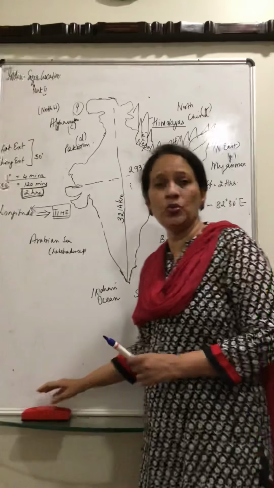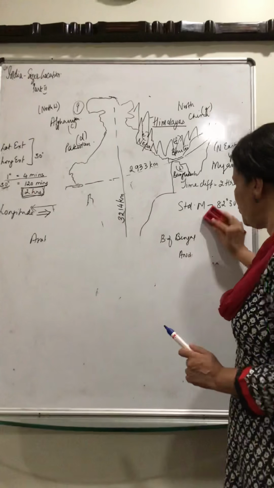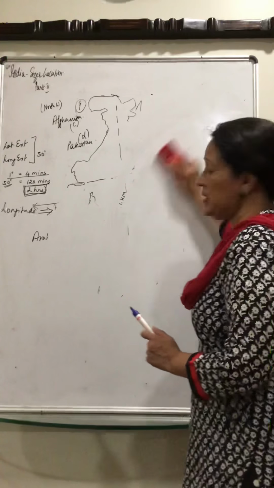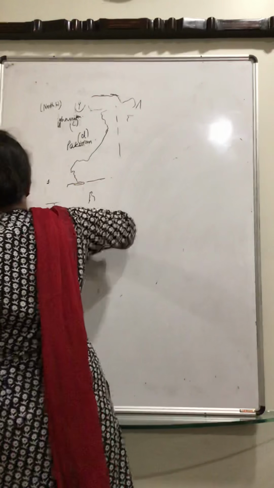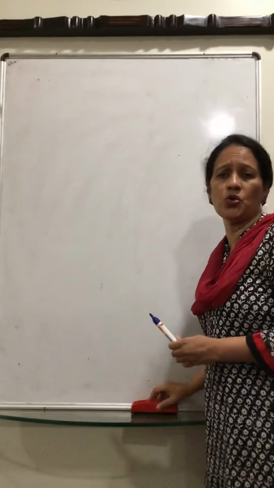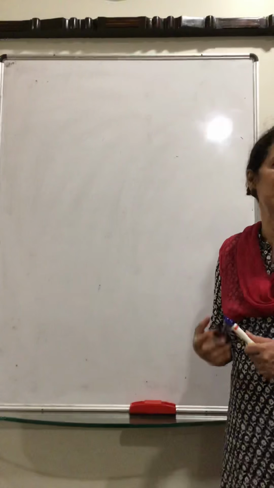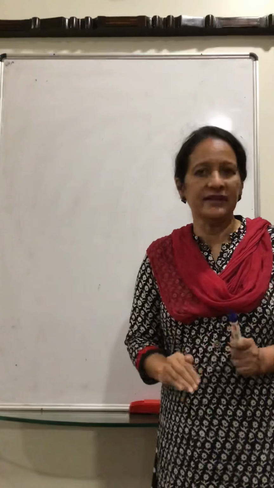Now we come to the strategic position of India. We are very strategically placed in the Indian Ocean, and India has the longest coastline in the Indian Ocean. That is why the ocean is named after India, sorry.